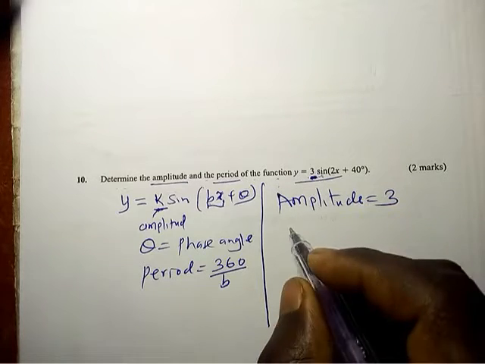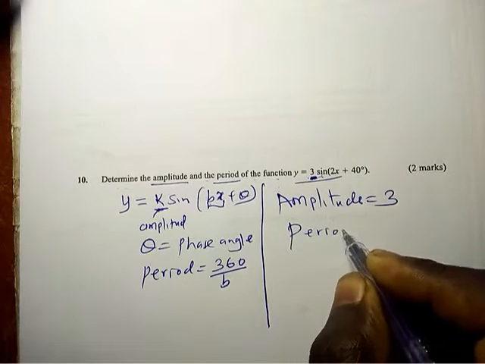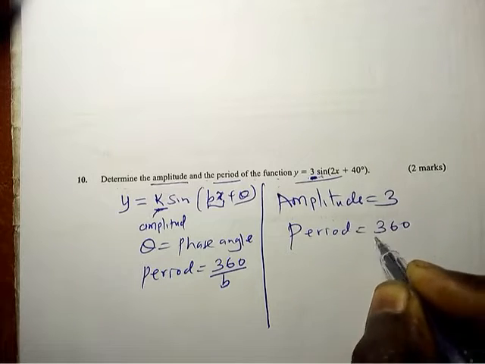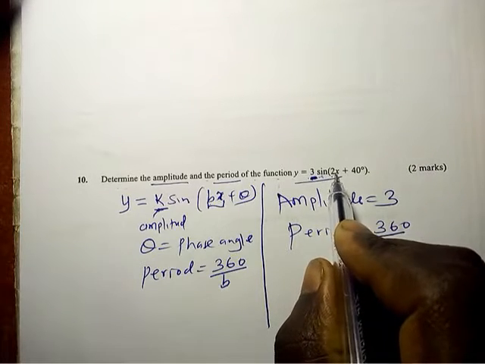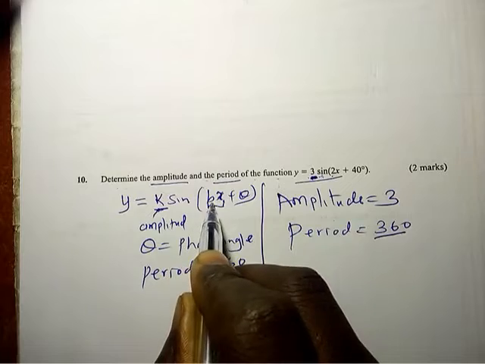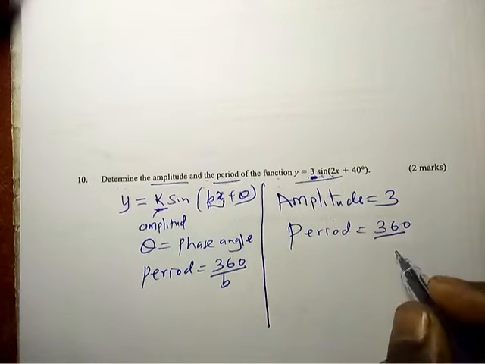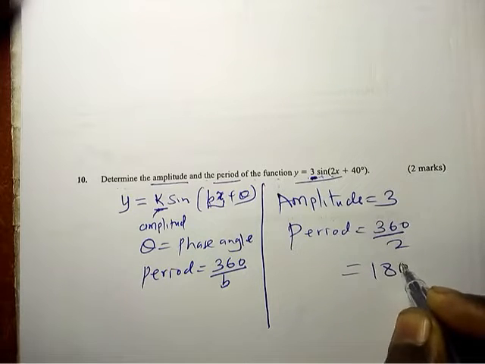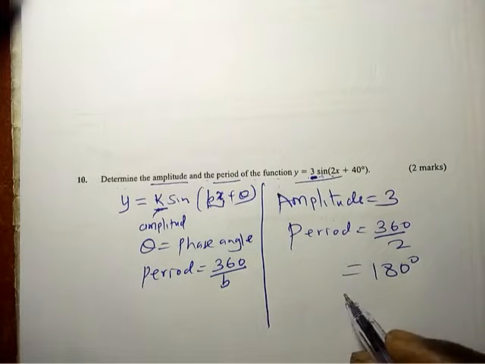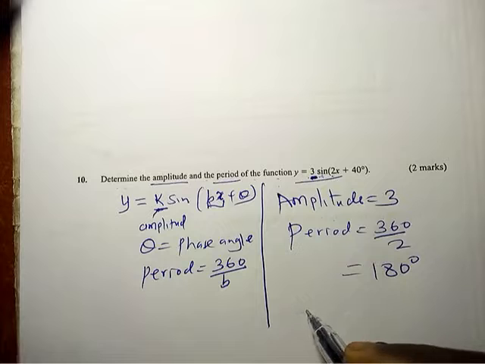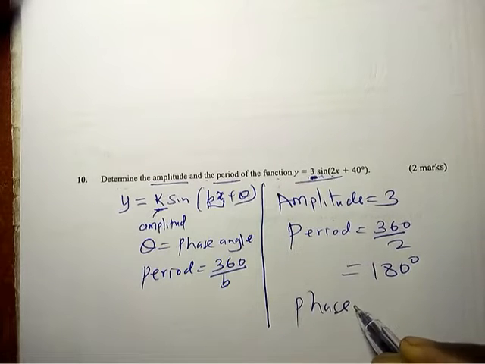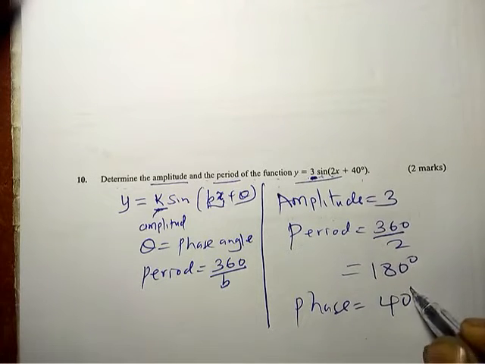And then now the period is 360 divided by 2, remember, 360 divided by b. So our b here is 2, so 360 divided by 2, which is 180 degrees. Tungeulizwa phase angle, hatujaulizwa, itakuwa 40 degrees.